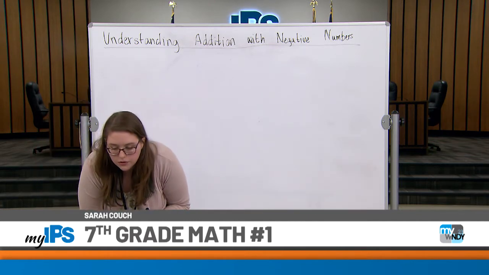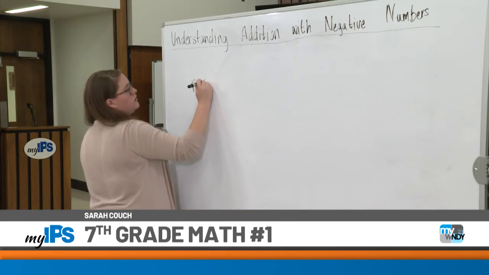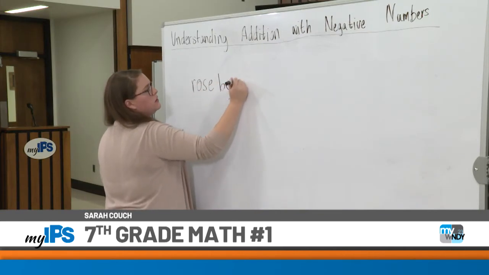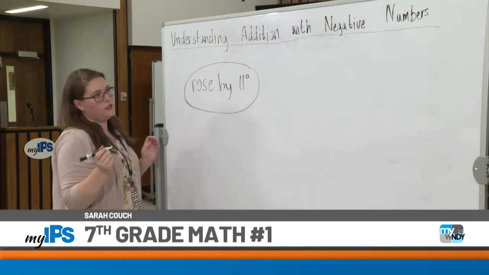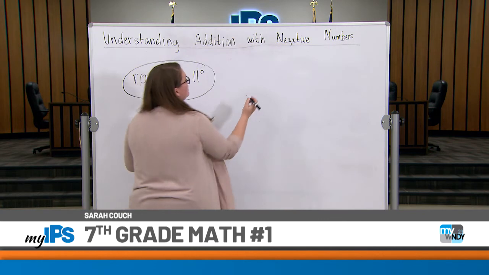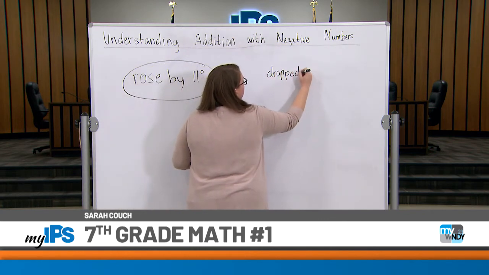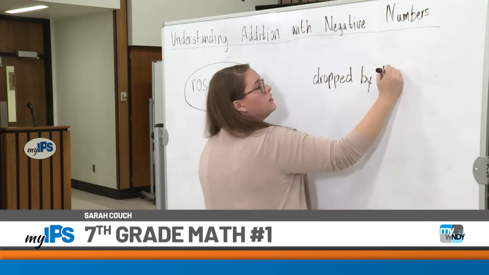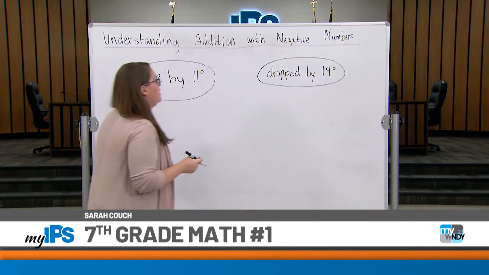Circle the phrase rose by 11 degrees, and then circle the phrase dropped by 14. Just circle these phrases in your math problem.